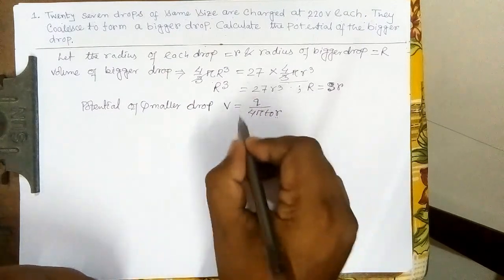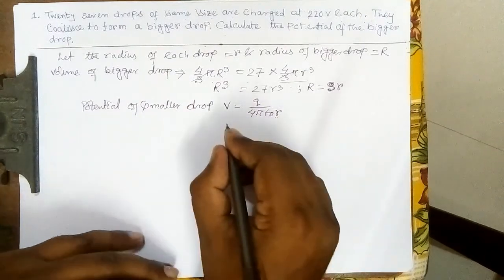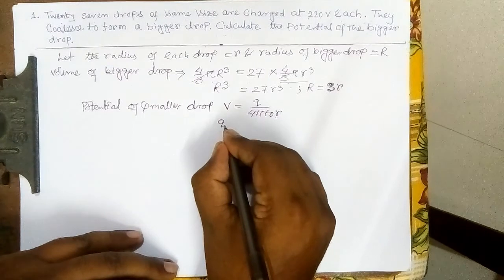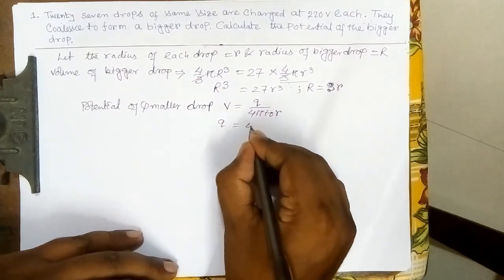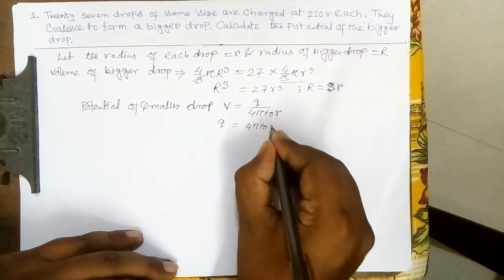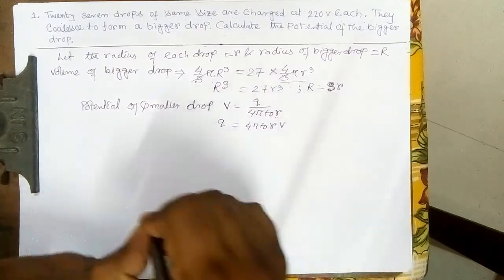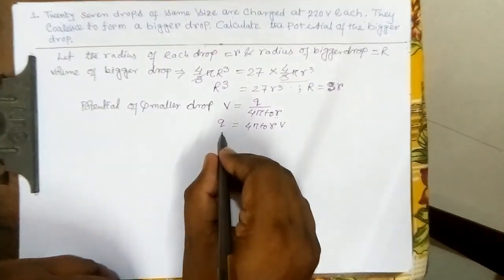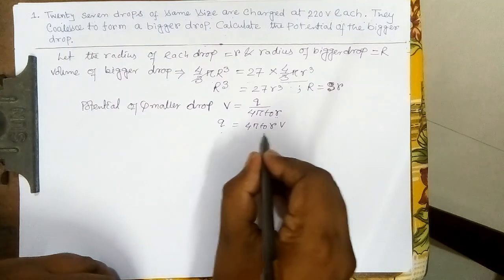And from here we can say Q equals 4 pi epsilon naught r into V. Okay, Q equals 4 pi epsilon naught r into V.